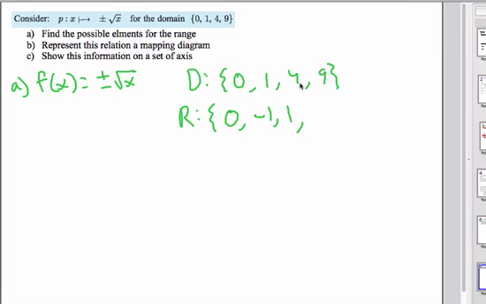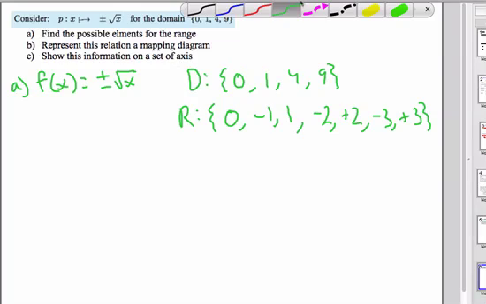Now if we take the square root of 4, we get 2, but because it says positive or negative square root of 4, we get negative 2 and positive 2. Square root of 9 is 3, so you get negative 3 and positive 3. So in this case, your range is a lot bigger than your domain.